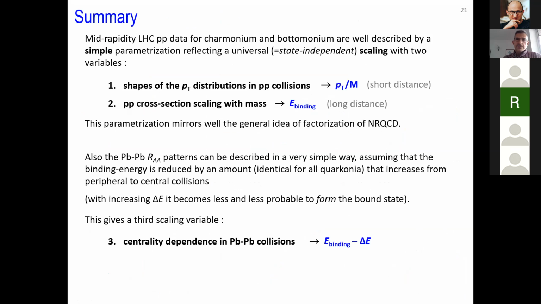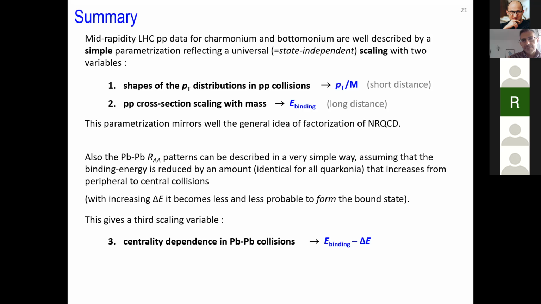We have seen that considering mid-rapidity data from the LHC, we see very interesting scaling rules that make the experimental scenario particularly simple.